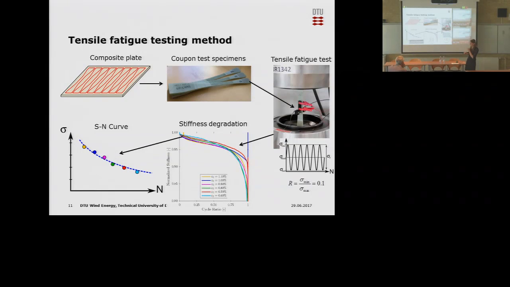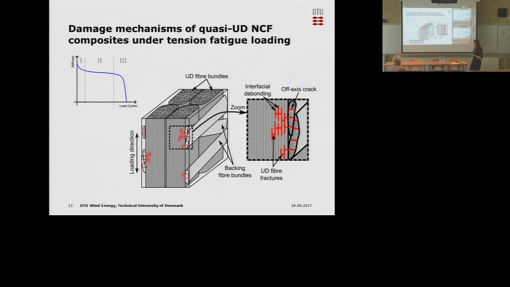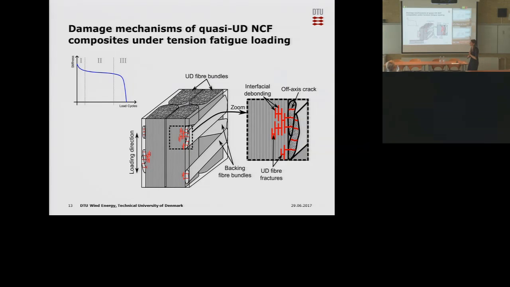These tests are actually accelerated, so you test at a higher strain level than what is actually present in the real structure, so that you can extrapolate this curve out to the real design. And the reason why the stiffness degrades during this fatigue test is that we have damage initiating and progressing inside the material.